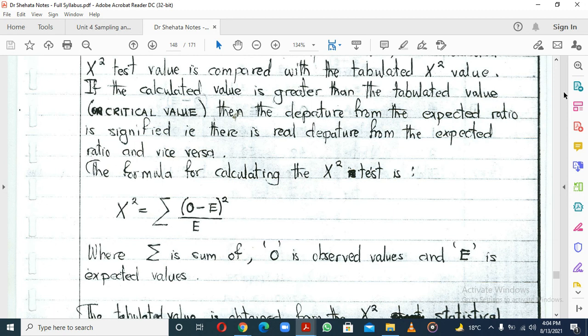But if you find that the value that you've calculated is lower than the tabulated value or the critical value in the chi-squared table, it simply means that the ratios that you found are in agreement and their departure from the expected ratio is insignificant. So in a short way, they are in agreement with Mendel's ratios.